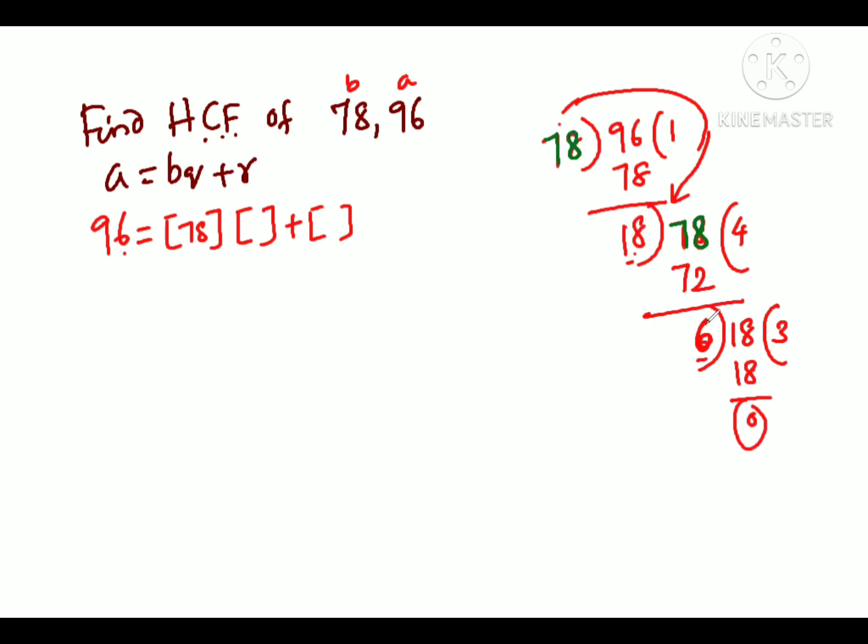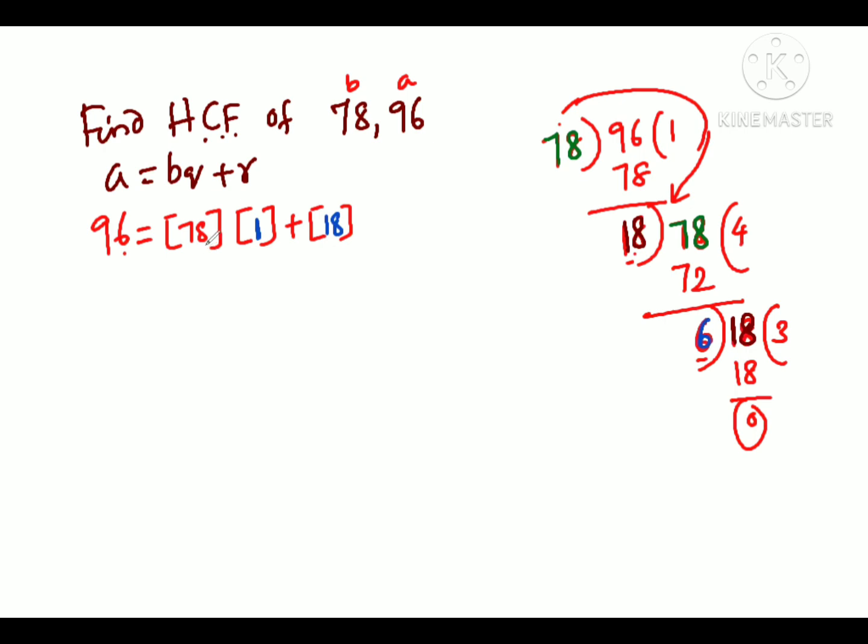This 18 is the previous divisor that becomes the new dividend, and this 6 is the remainder that becomes the new divisor. Now let us write here 78 into 1 quotient and 18 remainder. R means remainder. This is next.